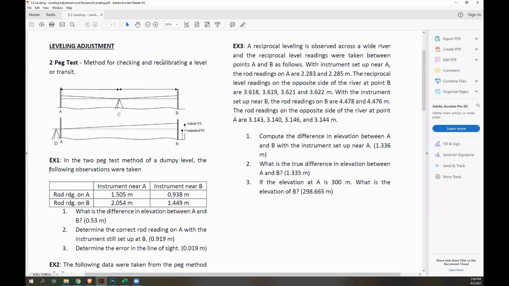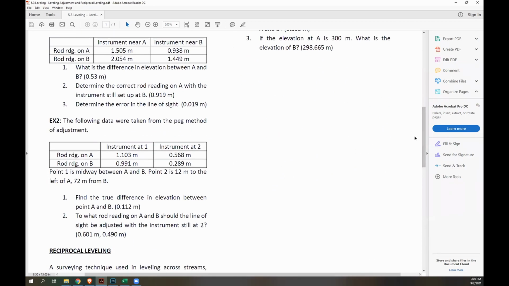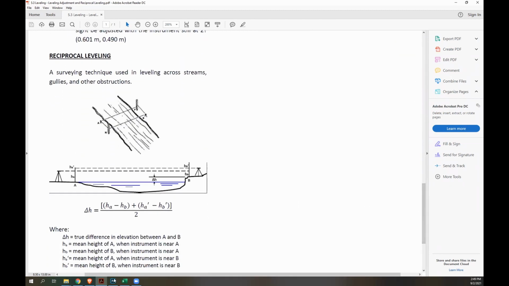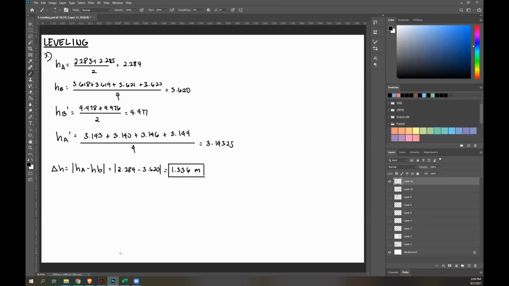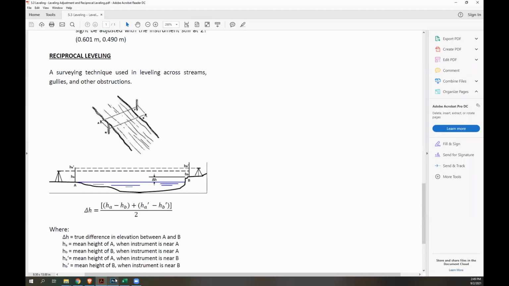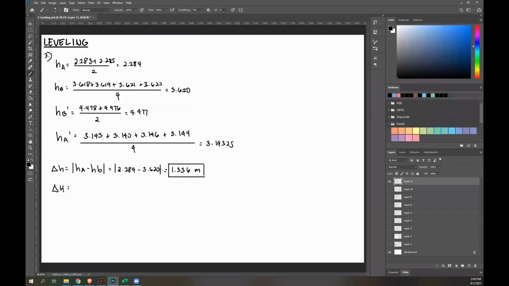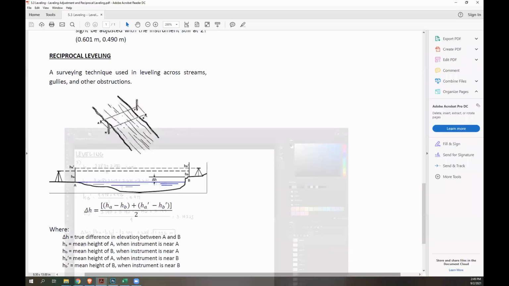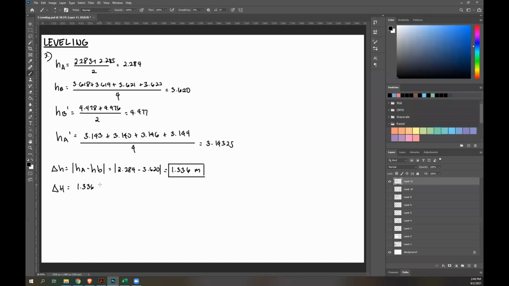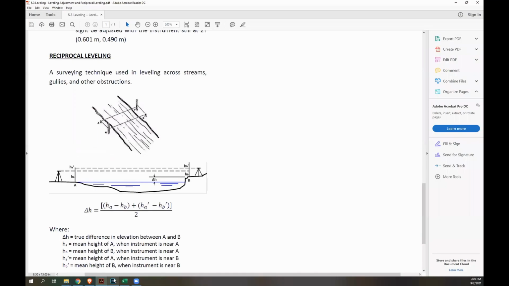Next, what is the true difference in elevation between A and B? True difference is this equation here. So true difference: HA minus HB. So we solved for that already. That was 1.336, right? HA minus HB plus HA prime minus HB prime.